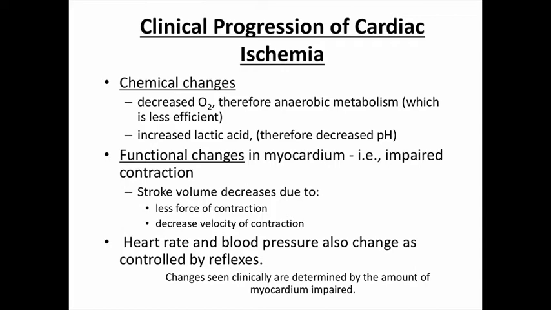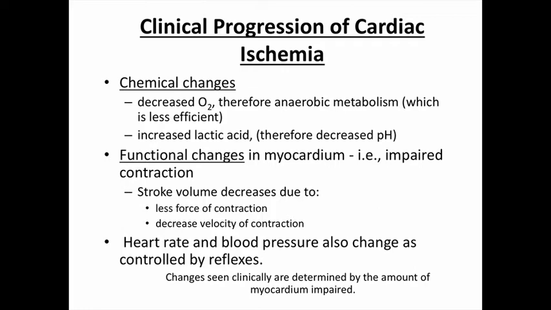So in our lecture in class, we talked about the baroreceptors, and we talked about the fact that if blood pressure were to fall, that would immediately activate a reflex, which would ultimately lead to an increase in heart rate and potentially an increase in blood pressure.